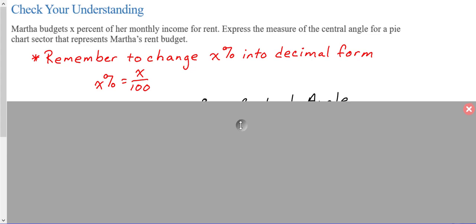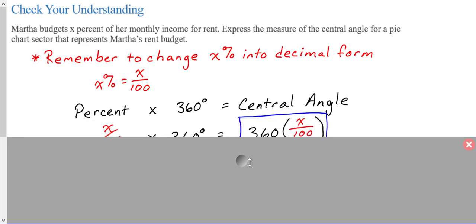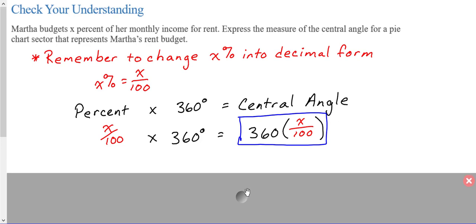The next step would be finding the central angle, which we know is a percent times 360 degrees. So we would take our X over 100 and put it in the percent section, multiply that times 360, and the answer boxed in blue, 360 times X over 100, would be our central angle.